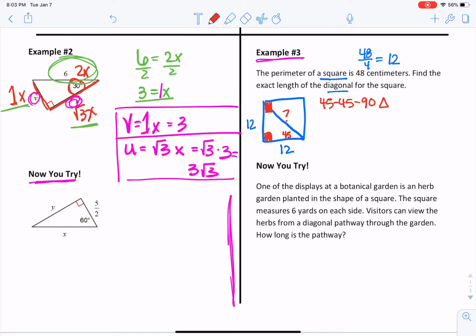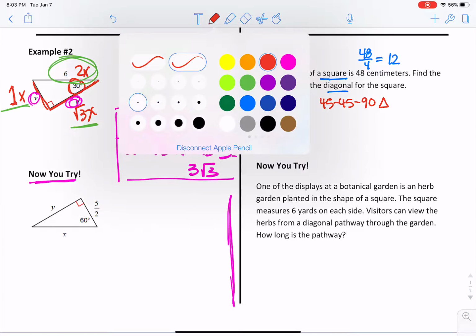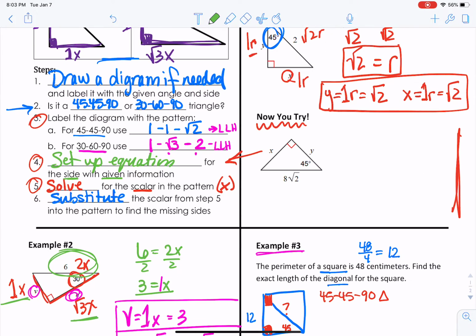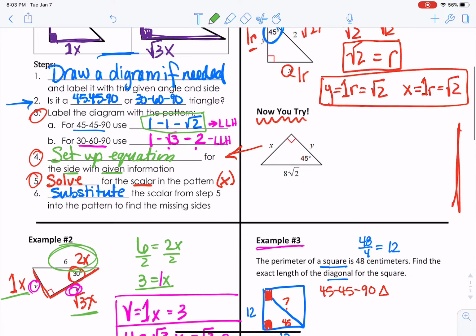So then I have to label my sides with the right pattern. So go back and look at your patterns. For 45, 45, it says that it's 1, 1, square root of 2.